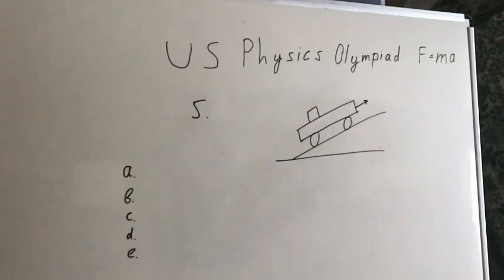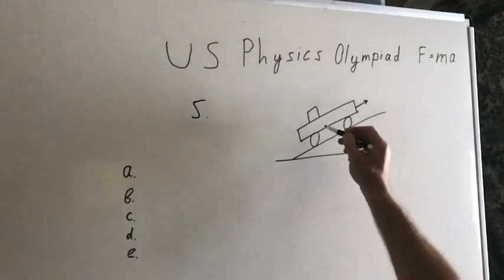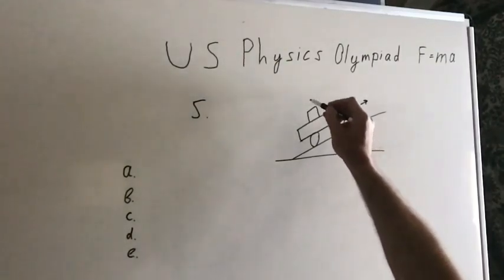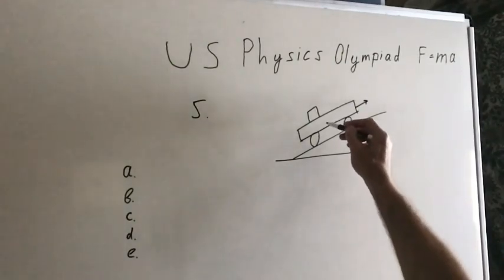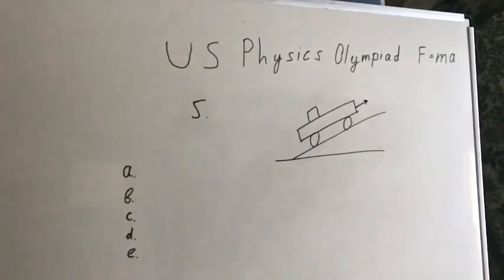The contact normal force of the sled on the crate. So normal force from this sled on this crate. Number D, gravitational force acting on the sled. And E, no force is needed.